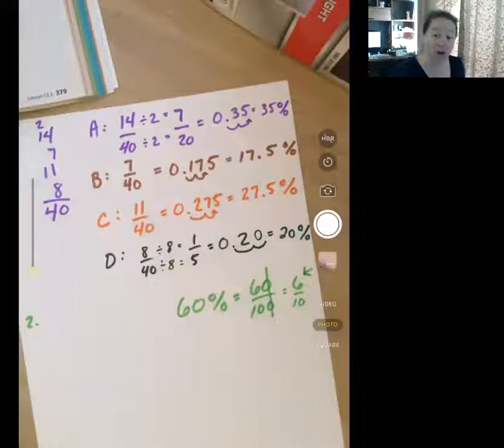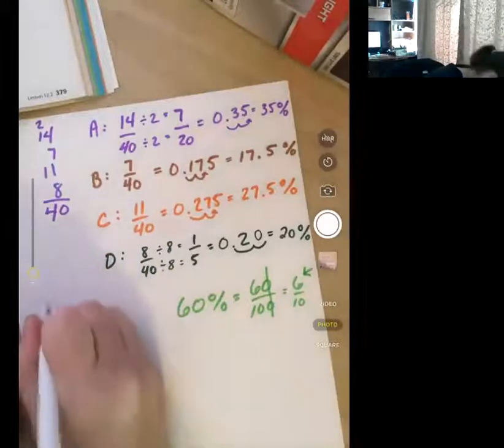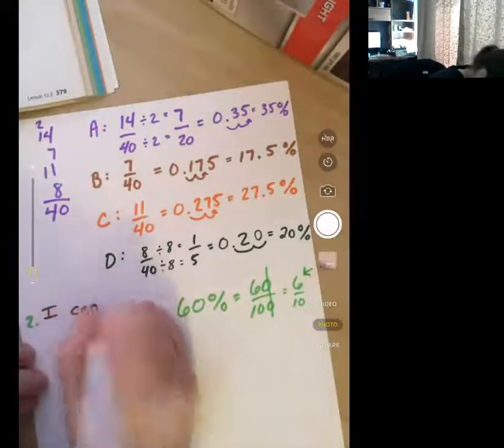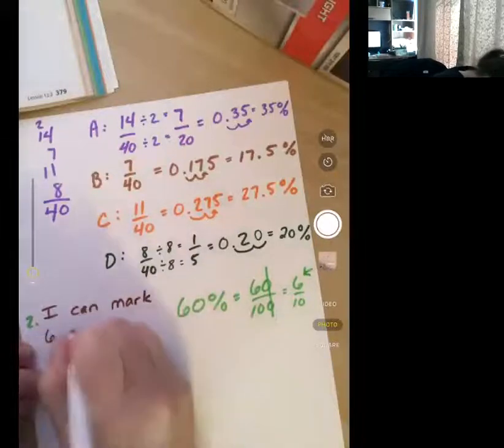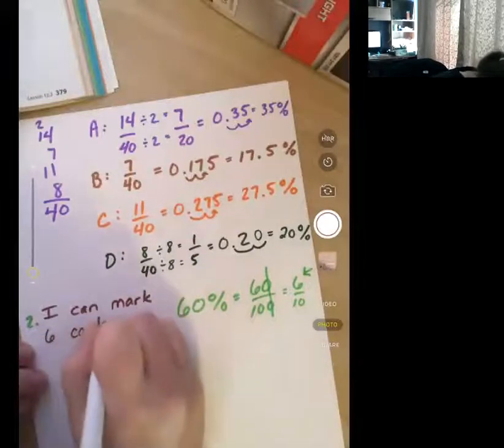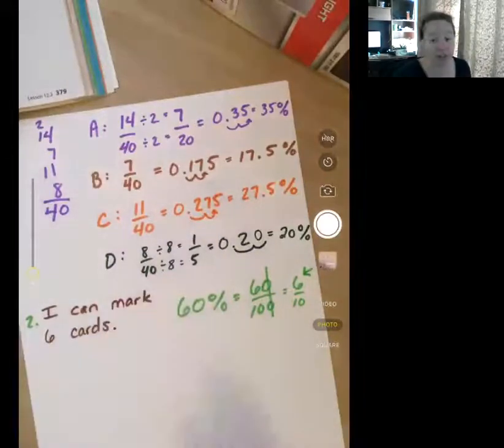So what we're going to write down in the book is, I can mark 6 cards. That's how many cards we're going to mark because that's how many we have.